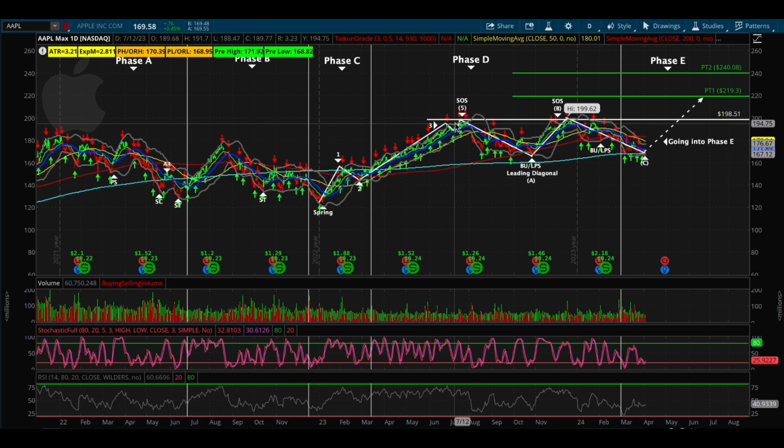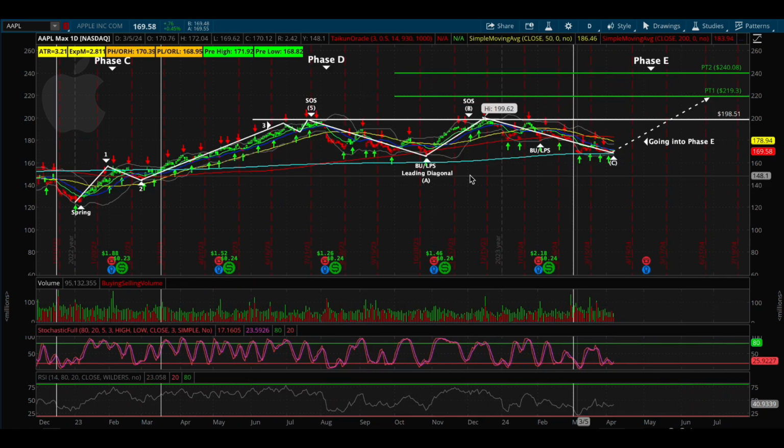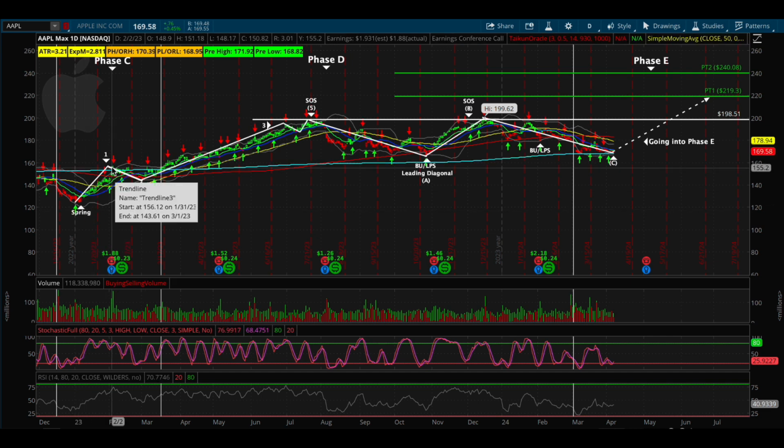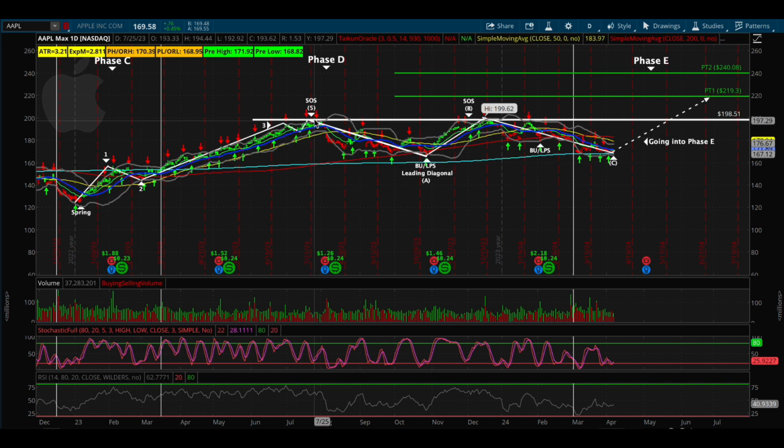In my opinion, I combined Elliott waves with this. The spring happens in phase C. So we had a wave 1, 2, 3, 4, 5 up to have that sign of strength in phase D. Then we dropped down into the bullish upthrust or last point of support, which in my opinion looks like a leading diagonal.